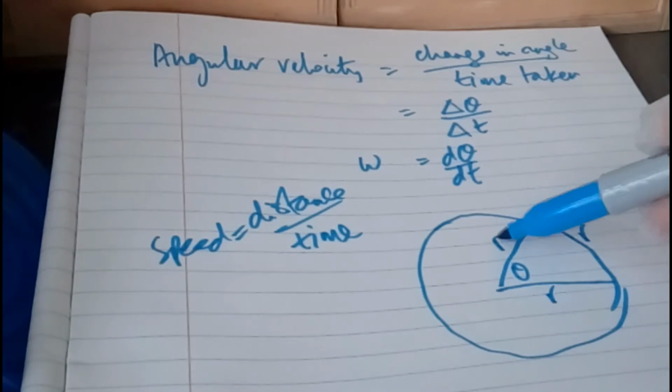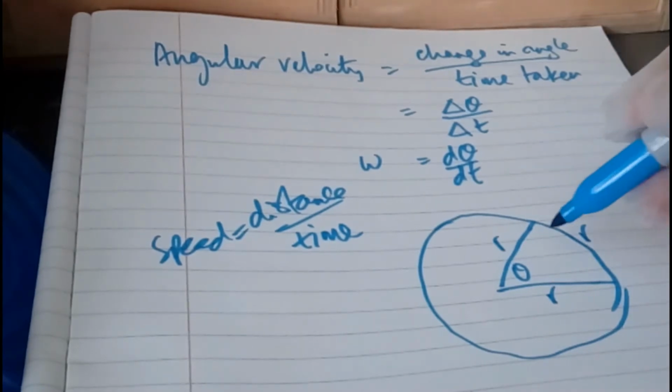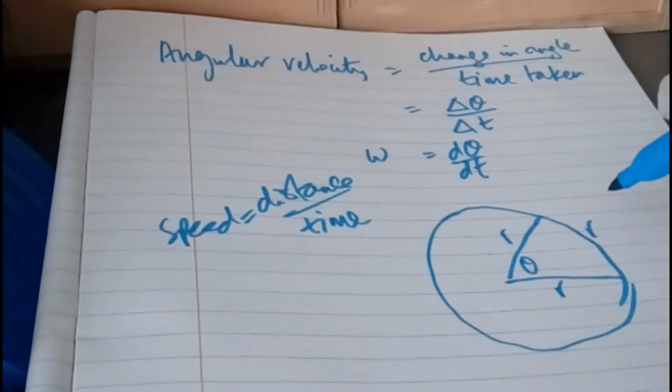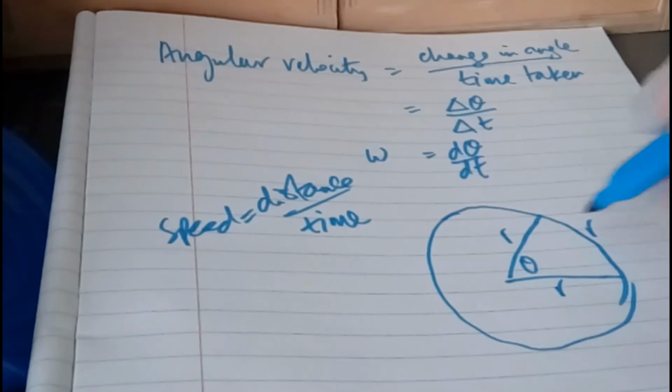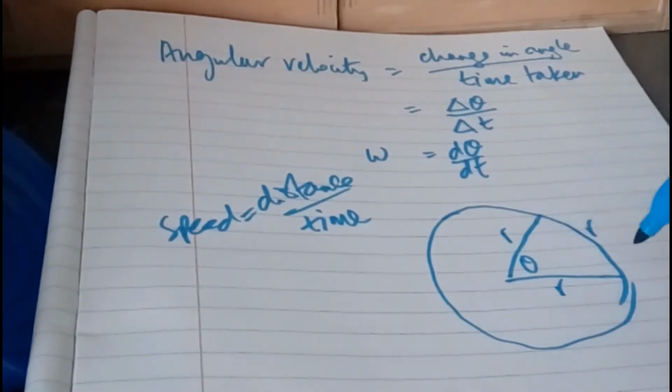If the radius is r and the arc length is r, then the angle enclosed between the three sides that have the same length r is 1 radian.